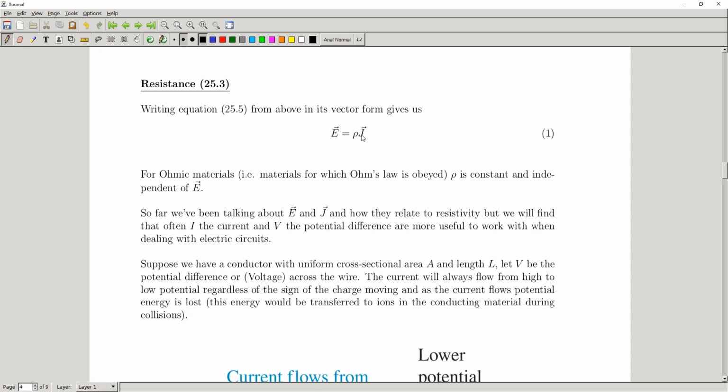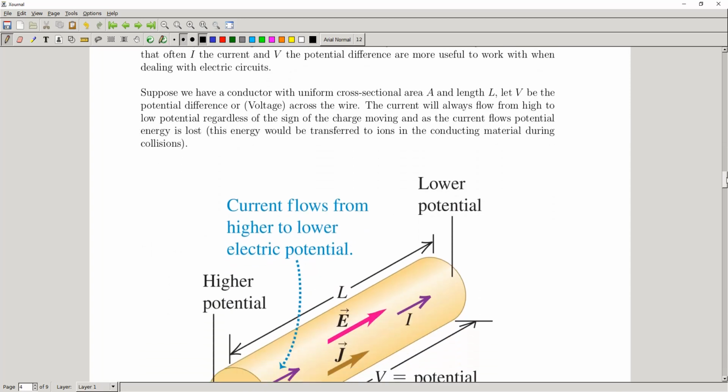It might be easier for us to find what the current is and what the potential difference across two parts of our circuit is, rather than trying to measure the electric field, which can be difficult to measure, and the current density, which can be difficult to measure. So we're going to translate all this into the language of I and V instead of E and J.